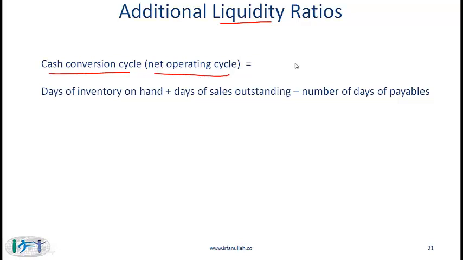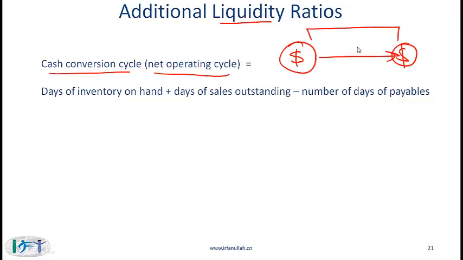This essentially measures the time between when a company spends money on inventory till the time that the company receives money on the sales that it makes. Obviously, if this period is short, that means high liquidity. If this period is long, that means low liquidity. The formula for calculating the net operating cycle is days of inventory on hand plus days of sales outstanding minus number of days of payables.